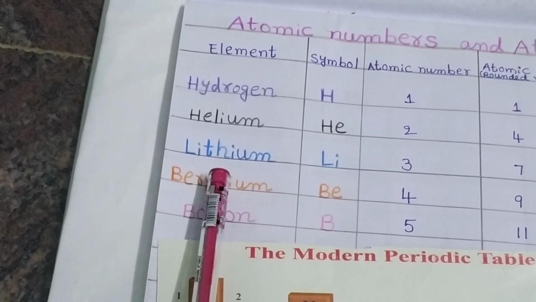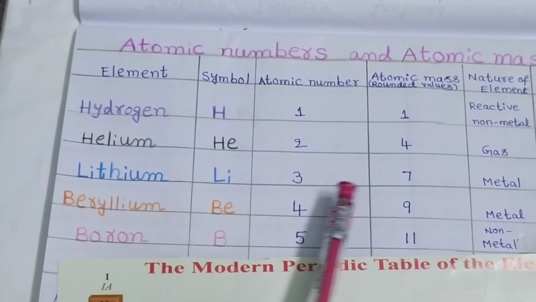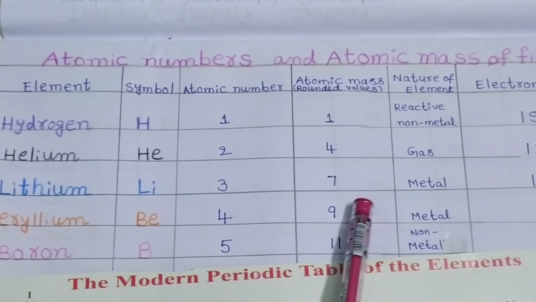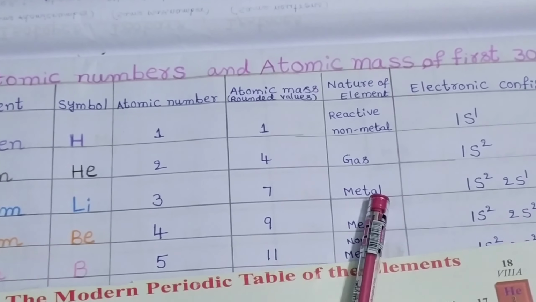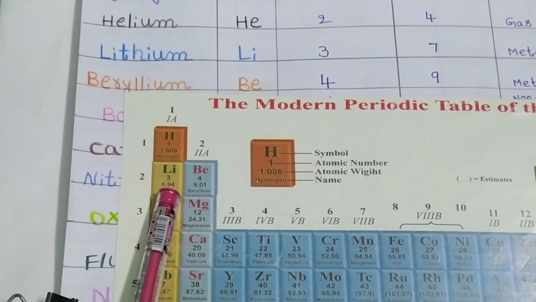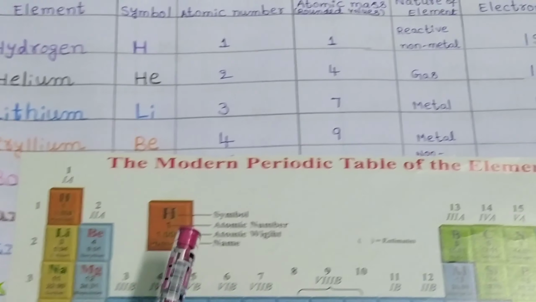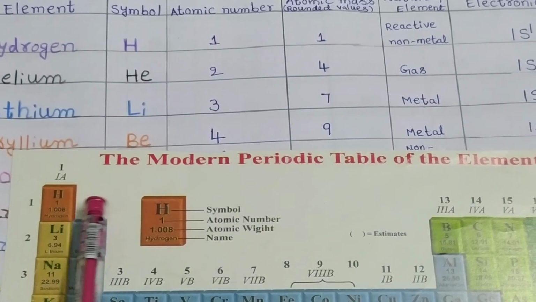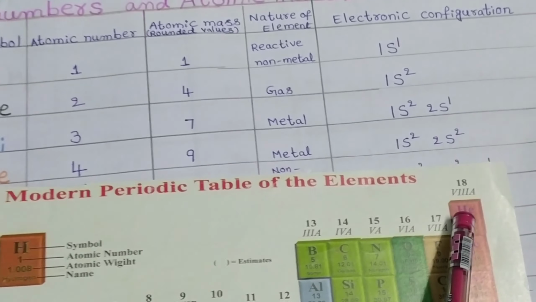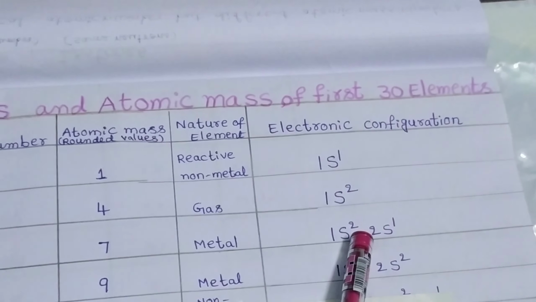When we observe lithium, symbol Li, atomic number 3, atomic mass is 7. Lithium is a metal. In the periodic table, lithium is present in the second period. So first we write the first period containing 2 electrons, 1s2.